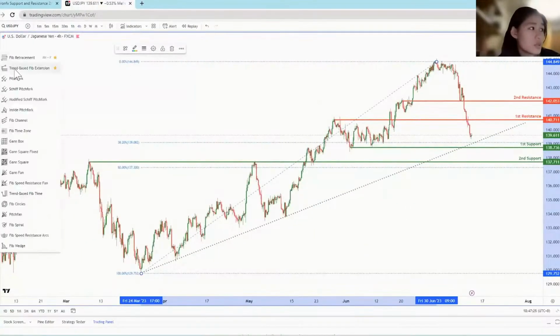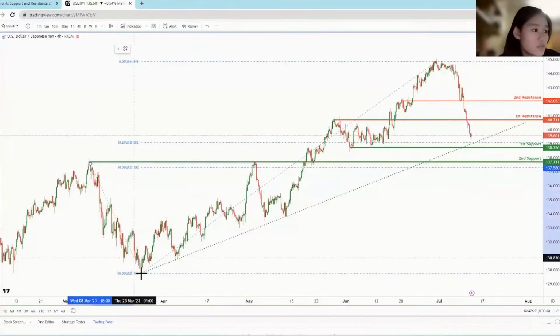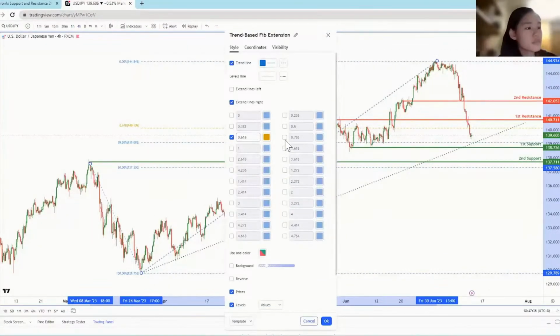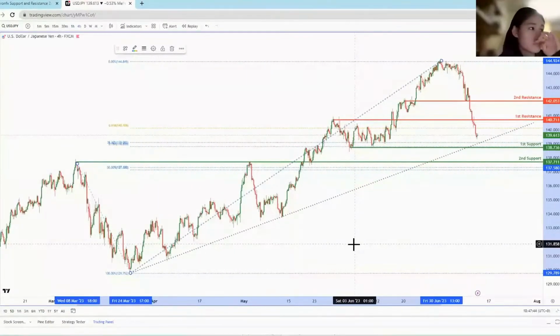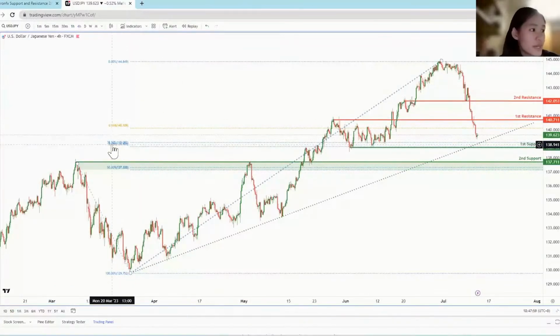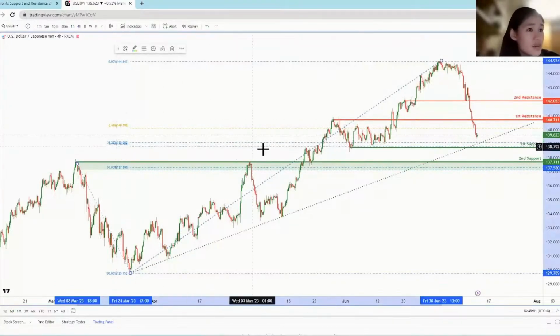Okay, and then I'm going to be looking for a projection. As I mentioned earlier, for projections we use these three levels. Okay, and I see my 78.6 lines up nicely with my first support and my 100% as well.